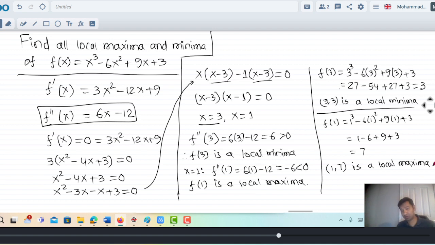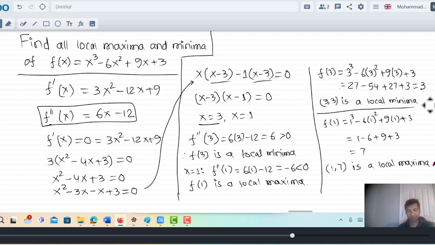So how to find local minimum and local maxima? First of all, we need to find the first derivative and equate it with 0. Solve for x. After solving, we get x equals 1 and x equals 3. To find which point is the local minimum and which is the local maxima, we do the second derivative test.